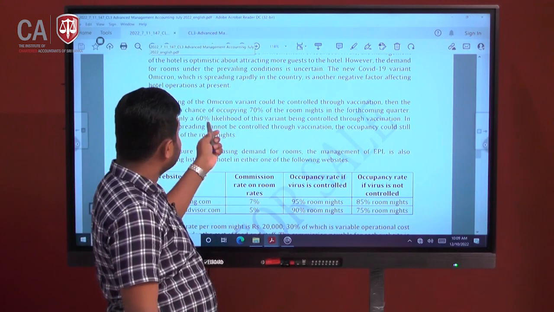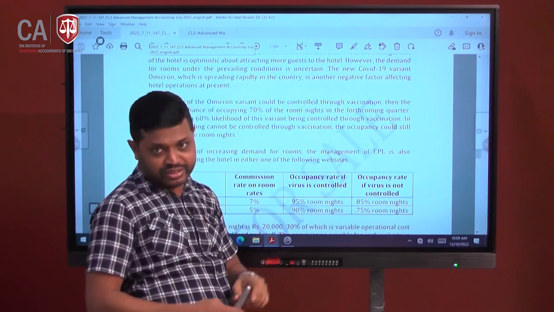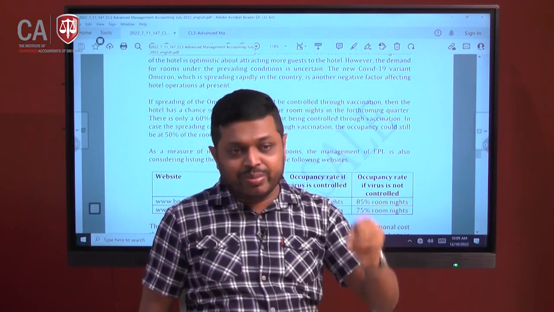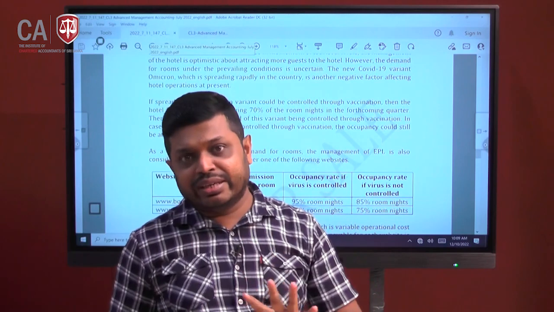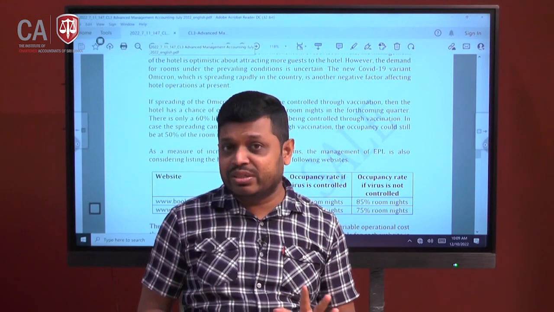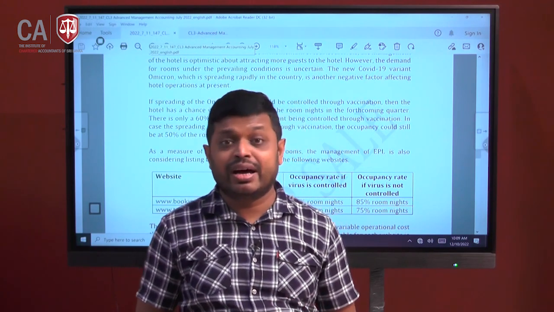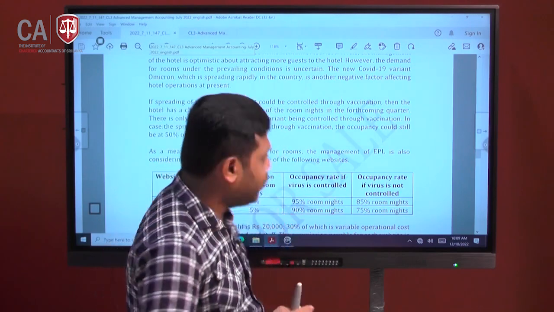There is only a 60% likelihood of this variant being controlled through vaccination. Now there is a possibility you can control the virus through vaccination. The probability of success is 60%, and there is a 40% probability that you will fail. Okay.